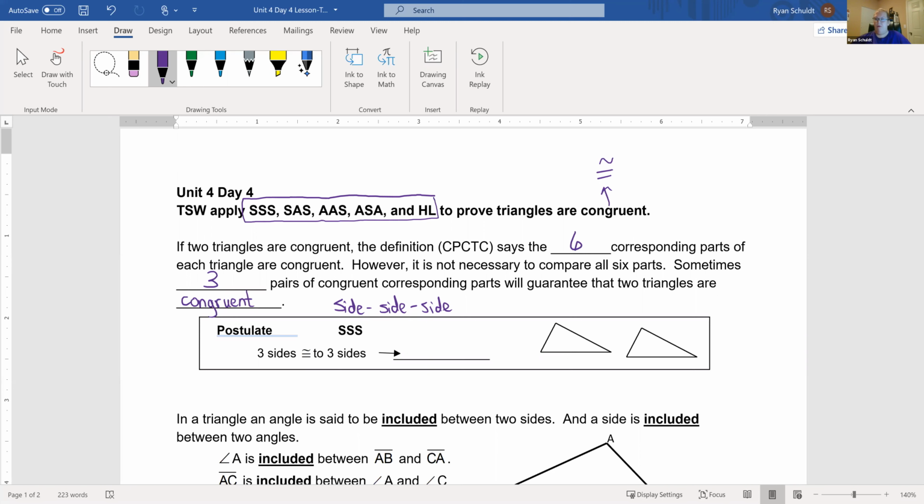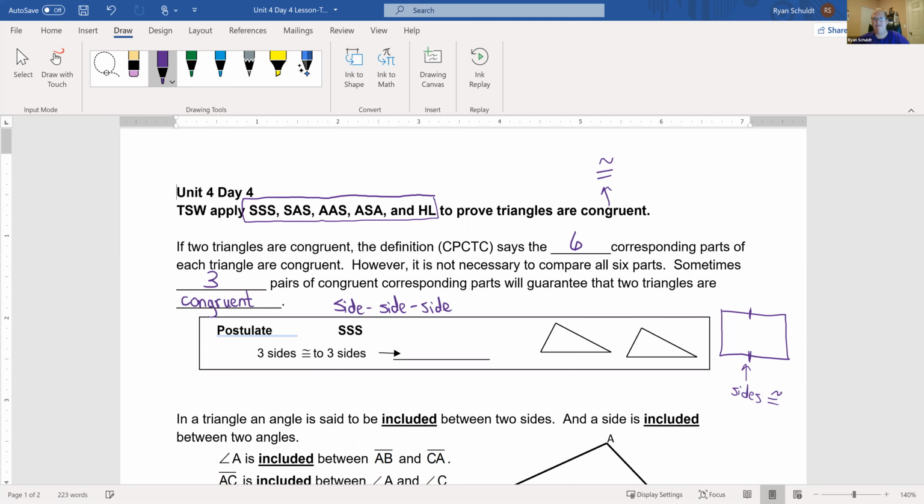Anyways, when we mark sides congruent, we will use the little tick marks. These marks tell us that sides are congruent.